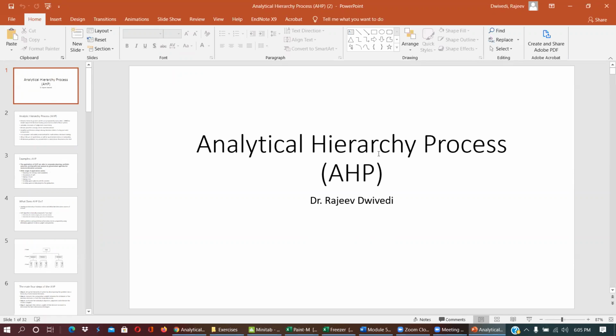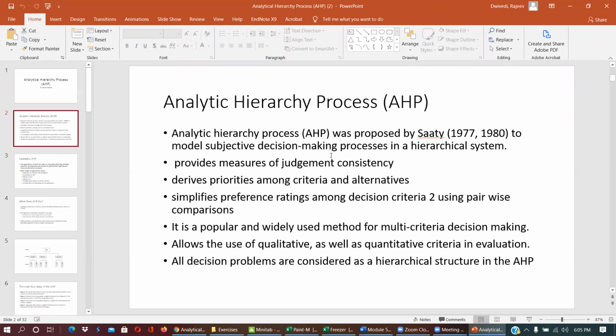There is an advanced form of this which is called the analytical network process, and there are other methods, but we are just going to deal with the basic method, which is called AHP. It was developed by Saaty in 1977 to model the subjective decision making process in a hierarchical system.